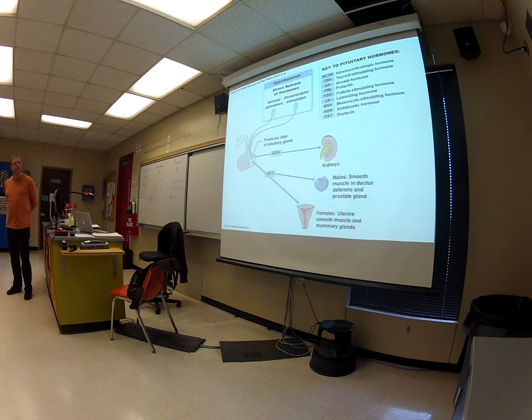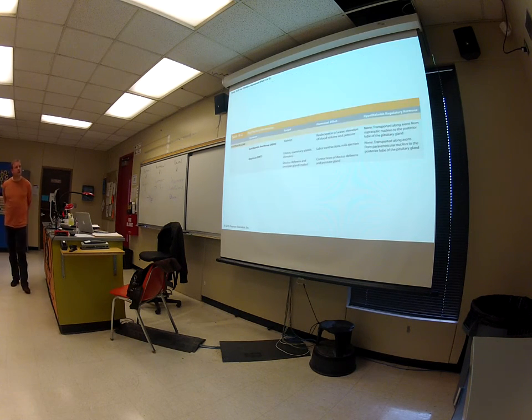Oxytocin, well, males, smooth muscle in the ductus deferens and prostate gland. Okay? Oxytocin for females, uterine smooth muscle and mammary glands. So, uterine contractions. Mammary glands. What are we doing for mammary glands? Stimulating milk production, yeah. So what does it say here?